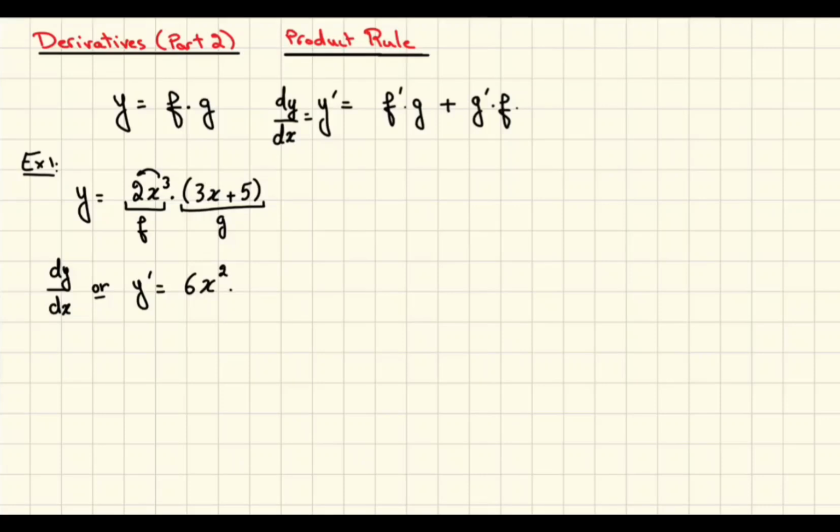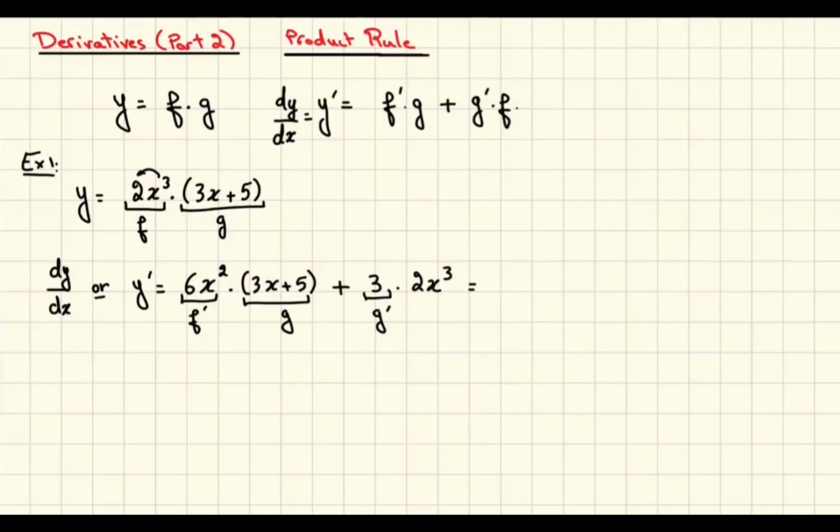So this is the f prime times g as it is, so 3x plus 5, plus, now g prime, the derivative of 3x plus 5, so the 5 becomes 0, and the derivative of 3x is only 3. So this is g prime, and this was g, multiplied by f as it is, which is 2x cubed.